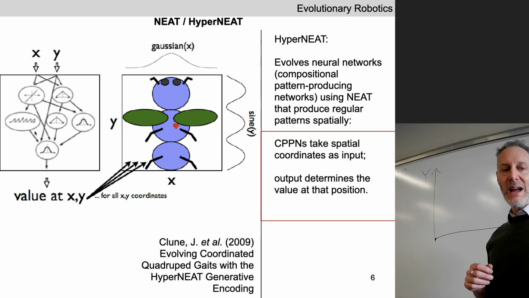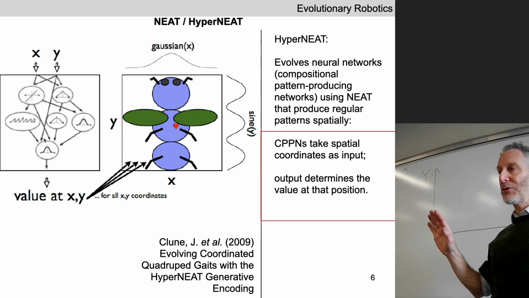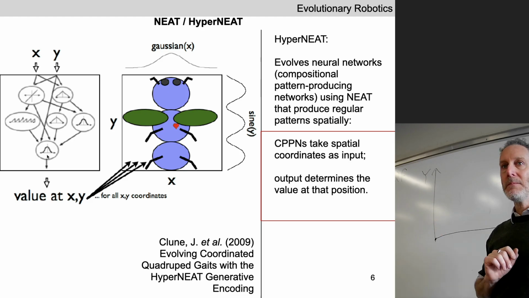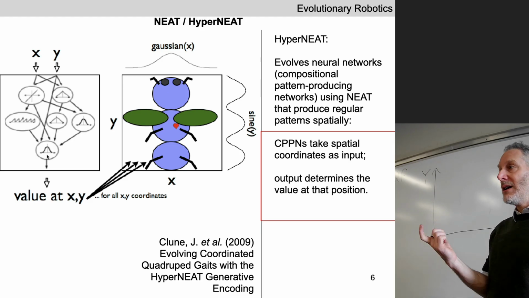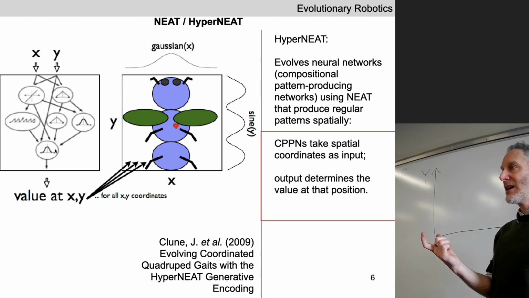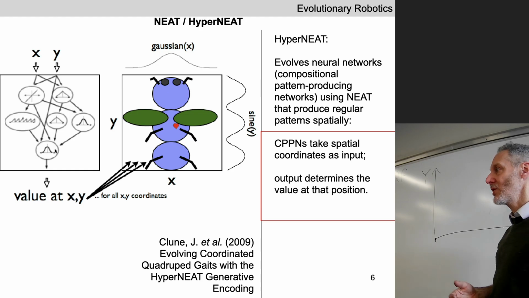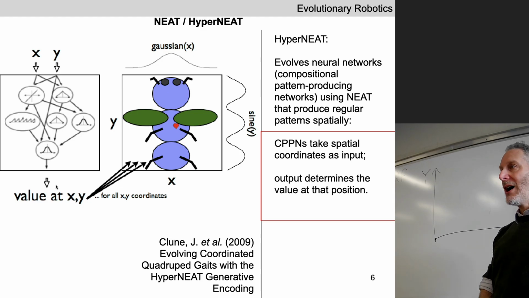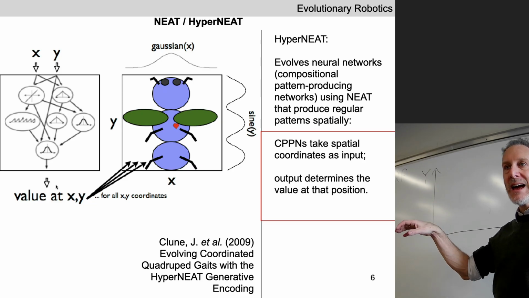And I want you to just forget the internals of this neural network for a moment. You'll notice that this neural network has one output neuron. So that output neuron is going to receive, after these values propagate down to the output layer, a float: minus 1.3, plus 2.7, plus 0.3, some float. We're going to read that value out. And in your robot, that floating point number is interpreted as a desired angle.